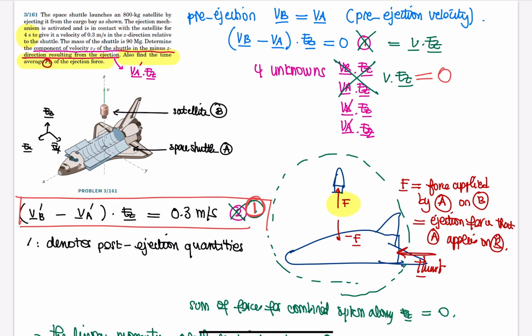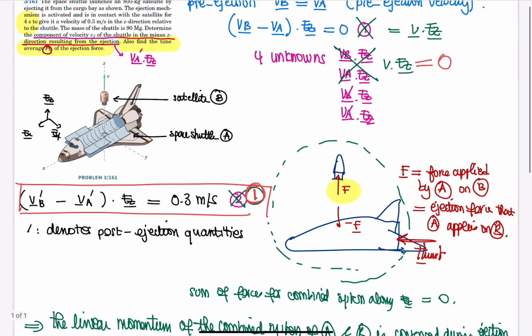So we're going to need to consider the linear impulse linear momentum equation applied to the satellite on its own. Because if we consider the whole system of A and B combined, F is internal to that system and it cancels out. But if I consider the satellite on its own, then F is external to the system.